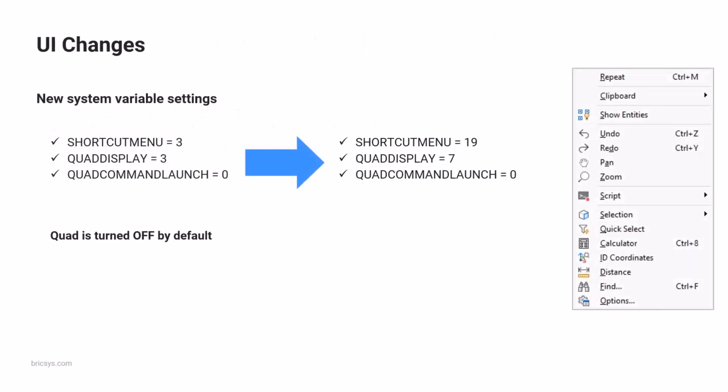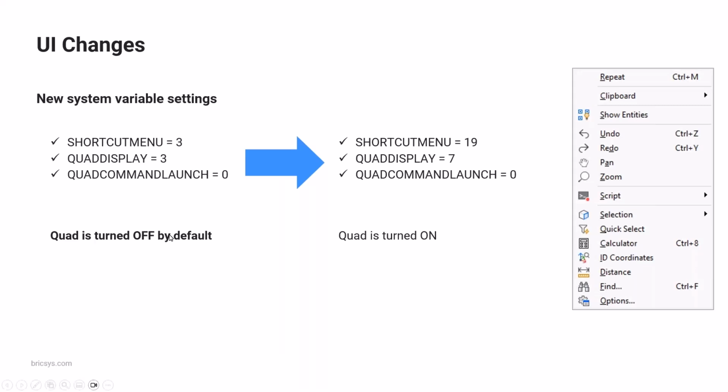So you might be thinking, well, that's a lot of changes. So yes, there are some variable settings that have changed from V25. Probably the biggest one is the quad is turned off by default. This is probably more for new customers who are just transitioning from AutoCAD, because the quad is very unique to BricsCAD.